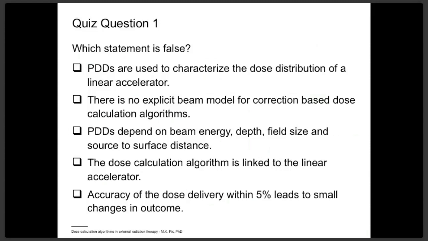For these correction-based algorithms, this is intrinsically the case because in the measurement, all the physics interactions are already accounted for. It's within the measurement, so they would take this into account. Explicitly, they are used in Monte Carlo simulations where you potentially could switch them off.